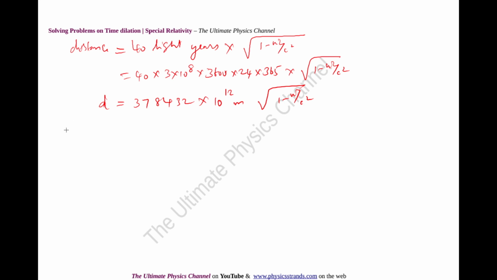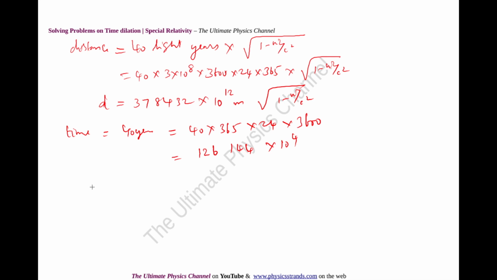And the time, for example, here in this case is 40 years, and that is 40 into 365 into 24 into 3600, which is equal to 126,144 into 10 power 4. This is the time for the astronauts aboard the spaceship.